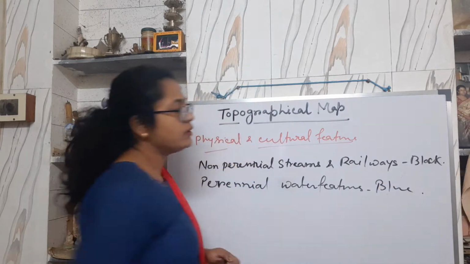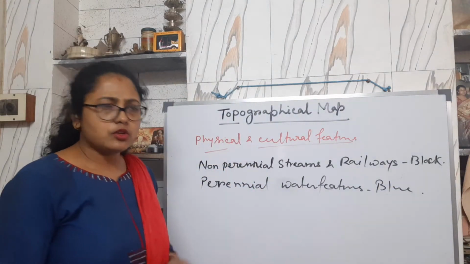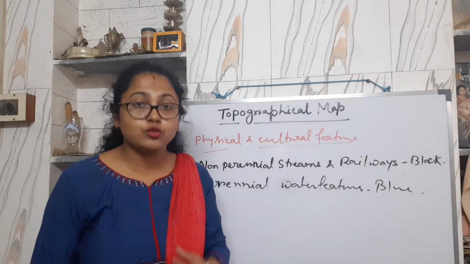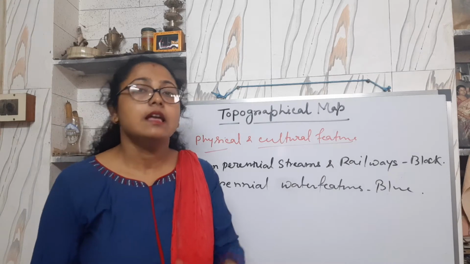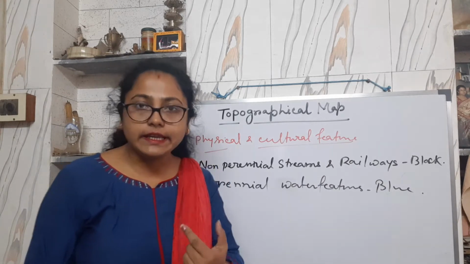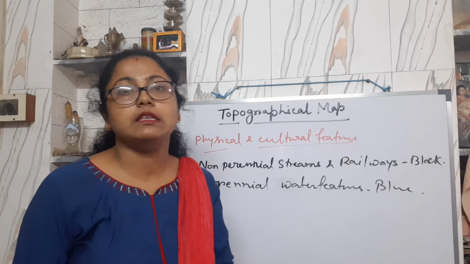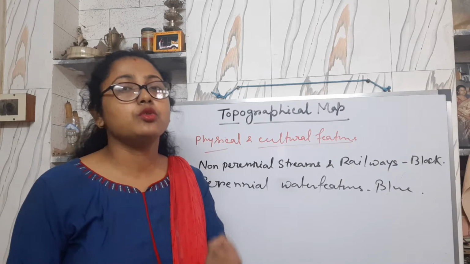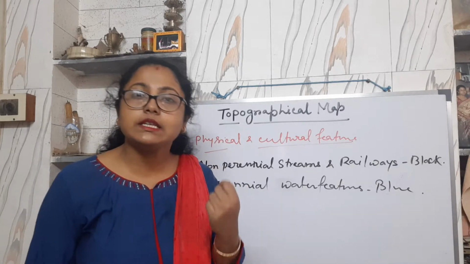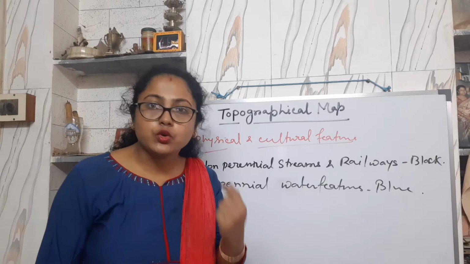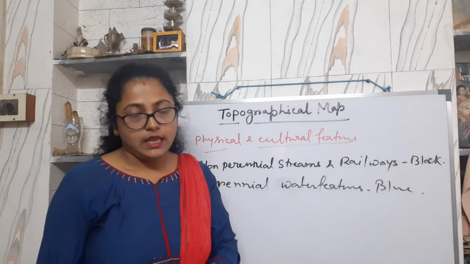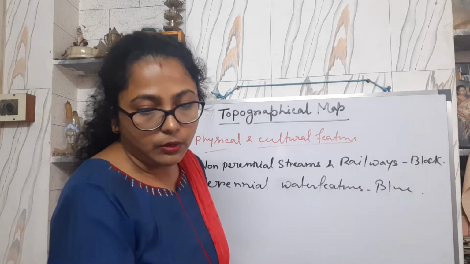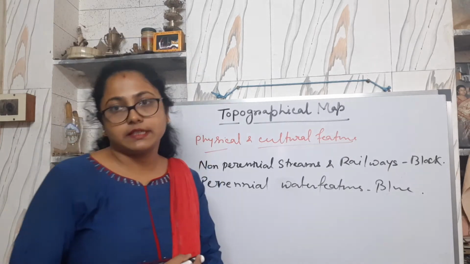This you know. Perennial water features, always blue color. So these are the different conventional colors which are used in the topo map to show the physical as well as the cultural features of any area which are surveyed by the surveyor. So what is the need of a topo map? A topo map is used to represent the three-dimensional landscape two-dimensionally on the map.